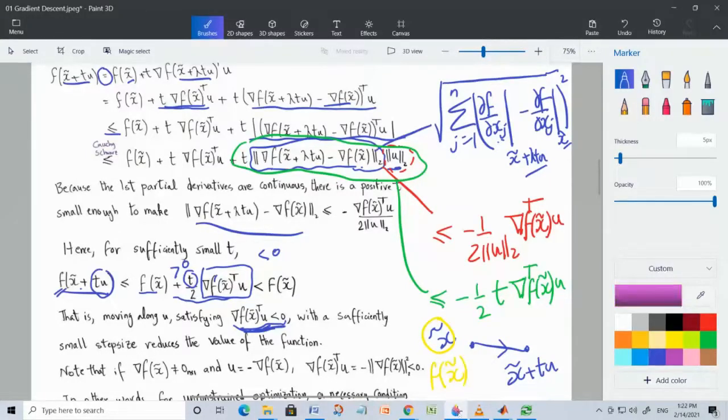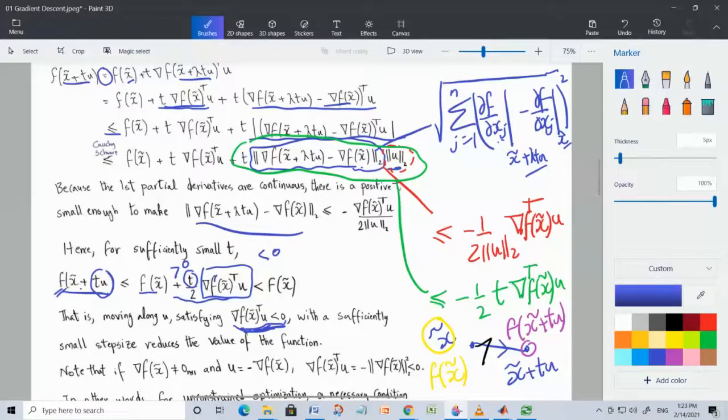If you evaluate the function at this point, you get f of x tilde plus tu. And according to our derivation, this is less than that. So you go to a point in the n-dimensional space where the function is lower than at x tilde, our starting point.